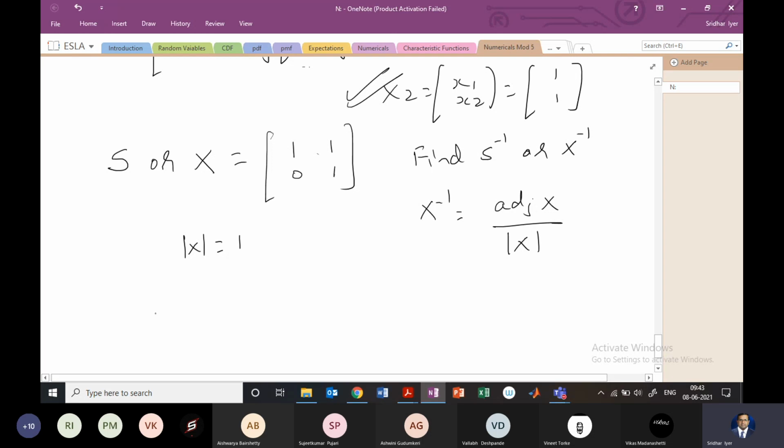Or rather, you can just let me know the inverse itself. So to find the cofactor for this, ignore this column, that row, so you'll get 1. Then do it for the other values as well. So let me know what inverse you get.